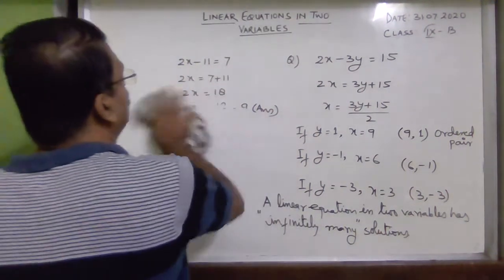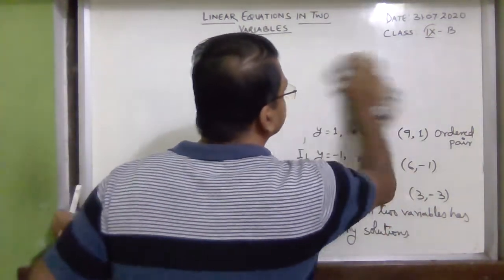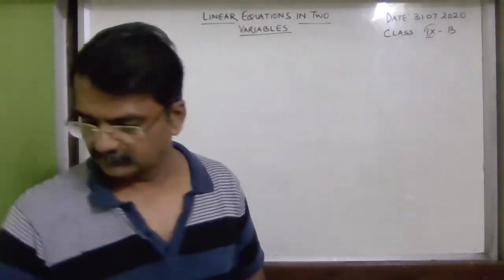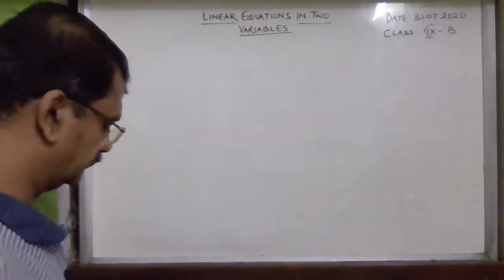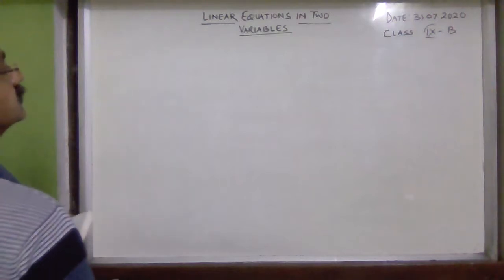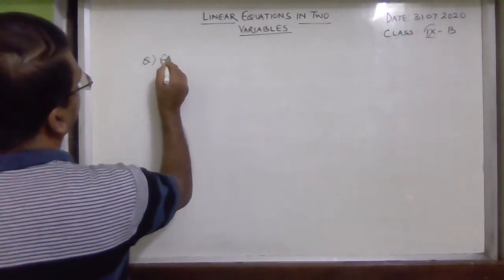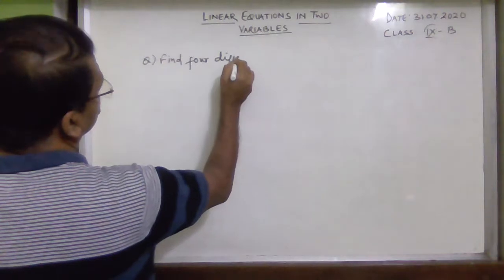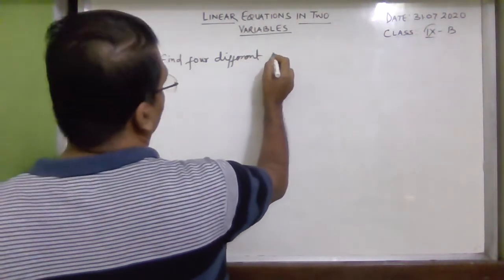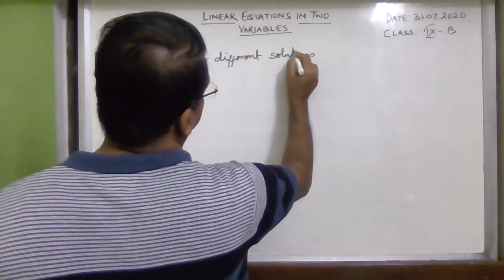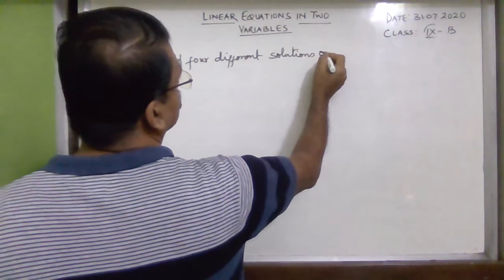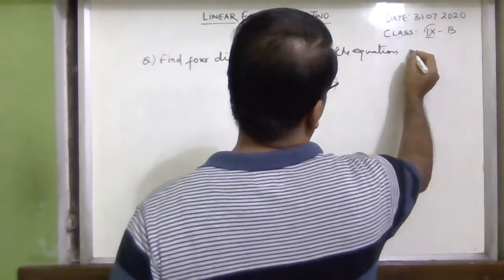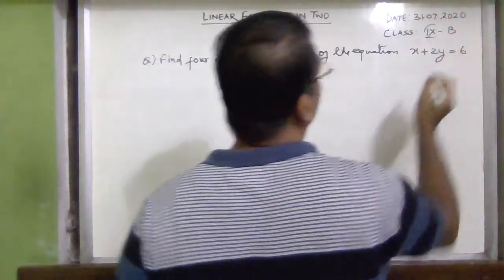Now we will do one more example. Question is, find 4 different solutions of the equation x plus 2y is equal to 6.